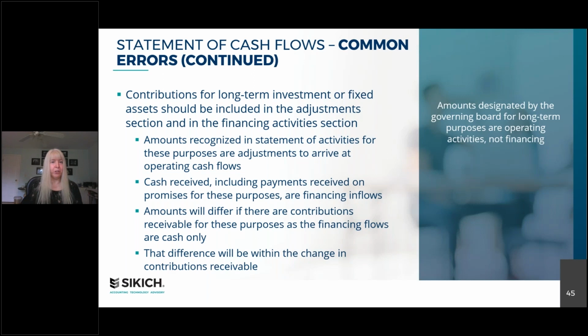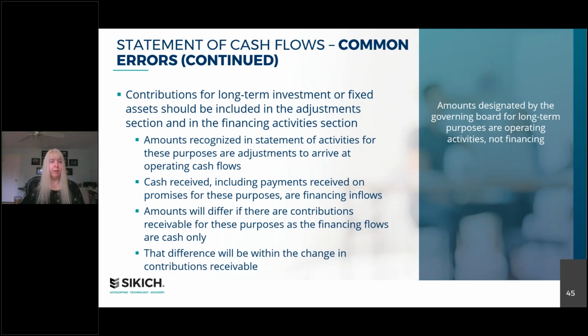So the amount that you're adjusting out of operations is going to be that accrual number that's in your statement of activities as a contribution, and then any actual cash received goes into the financing section, and that number may not be the same amount if you've got promises to give or contributions receivable for those purposes. So that difference would be flowing through the change in contributions receivable.